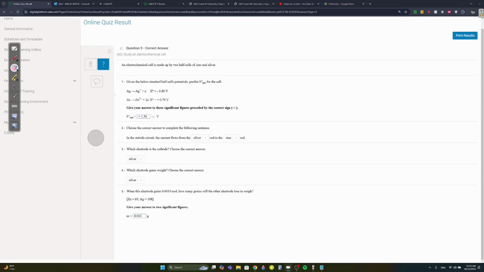Here, they're both oxidation, right? We change the negative one, change it into reduction. How do you change it? Just swap them around. You're going to get Ag plus e minus to produce Ag. Hello, we have a reduction and we have oxidation.